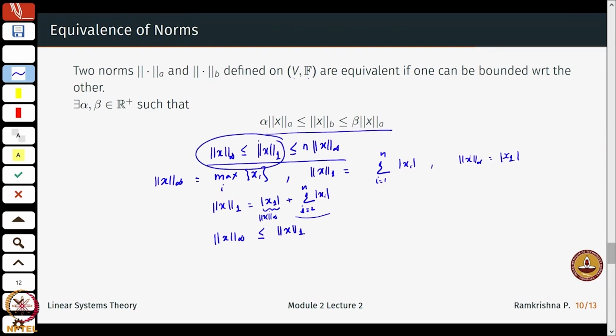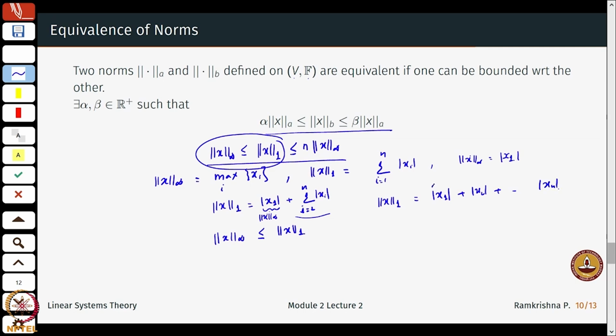The second part should be straightforward again. If I look at the relation between the 1 norm of x and the infinity norm of x, the 1 norm is again the magnitude of x1 plus x2 until xn.